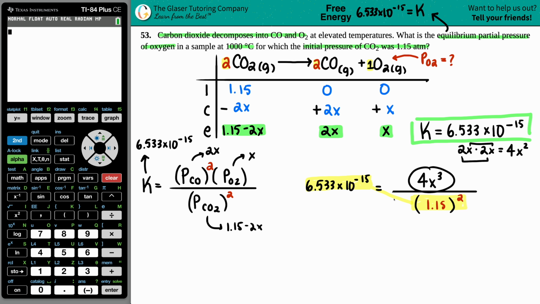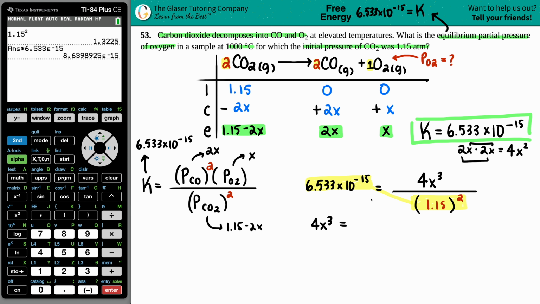So this will all equal 4x to the third equals, I'll do the 1.15 squared first, get that full number, and then I'll times it by 6.533 times 10 to the, I love using the second comma button for scientific notation because then I don't have to use parentheses.